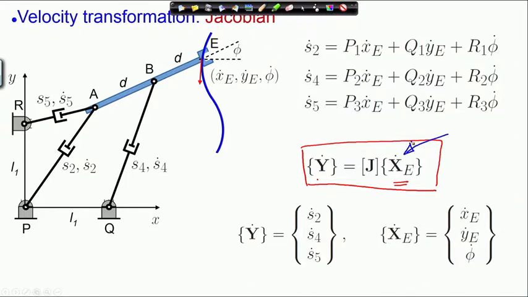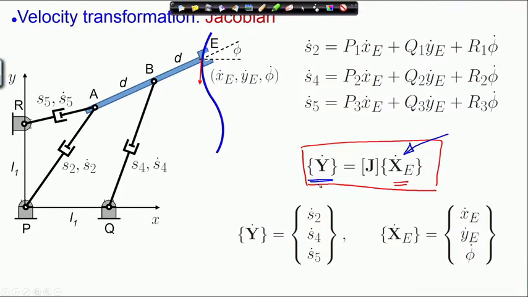So, this vector on the right, x e dot, will be specified; this is known to us. Given the path, we can find this vector once we plan the time of motion. Therefore, we can directly find out the expansion rates of the actuators.